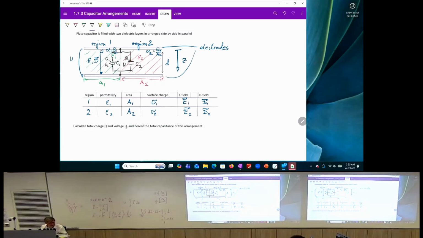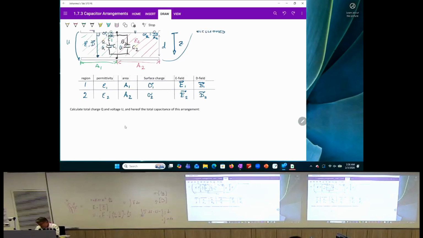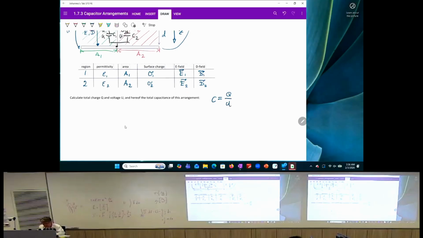And now let's look how that affects our total charge in this arrangement. So the task is to calculate total charge and voltage, and here the total capacitance of this arrangement. The total capacitance of the arrangement will be then again C is Q divided by U, charge per voltage.